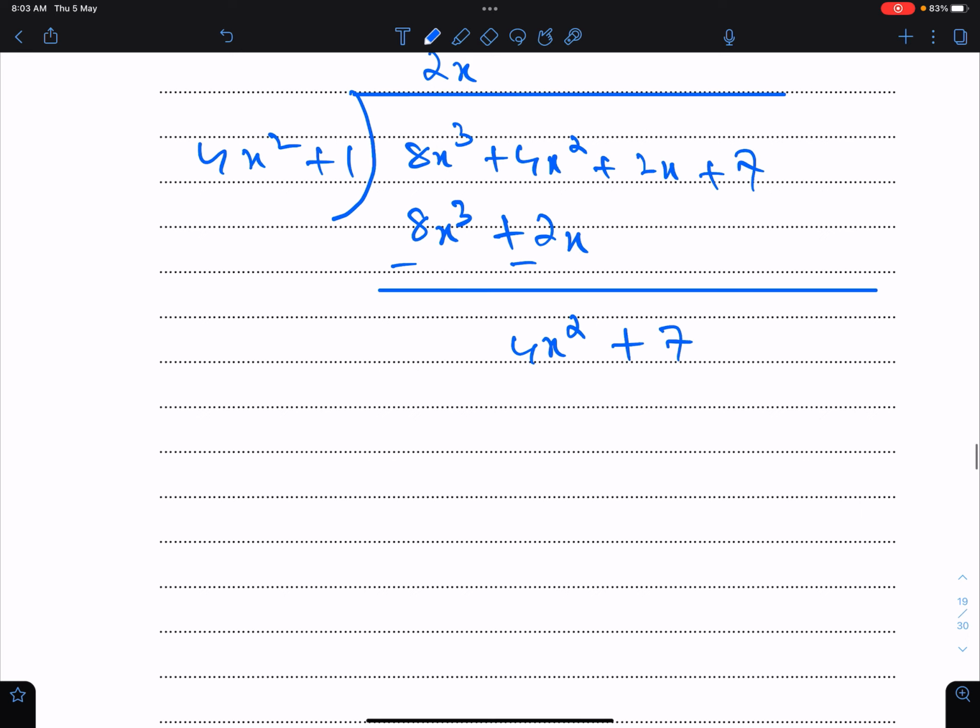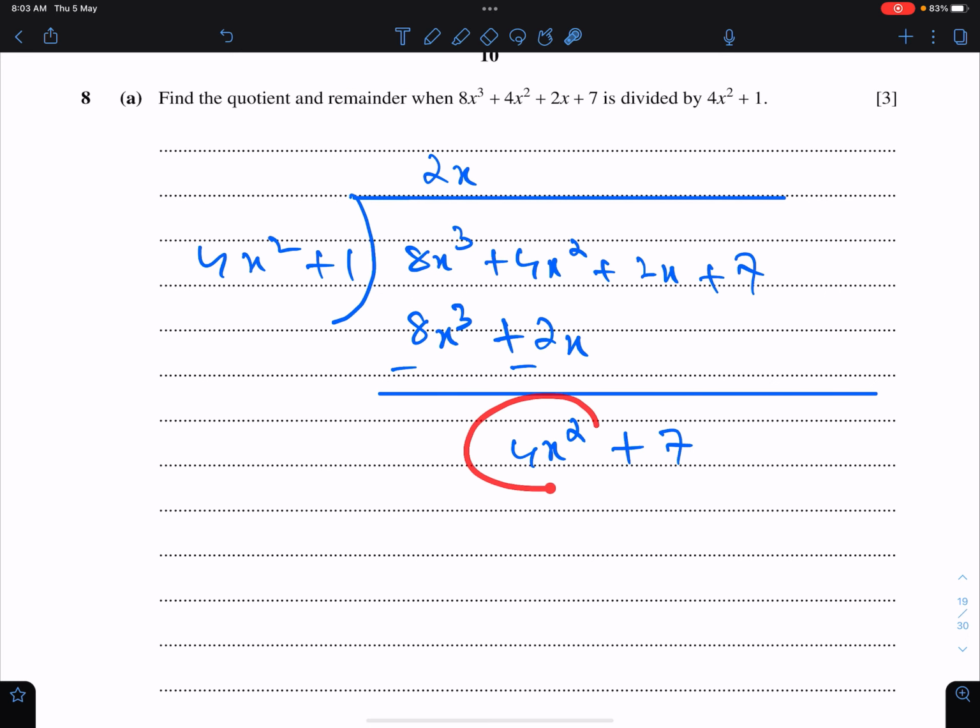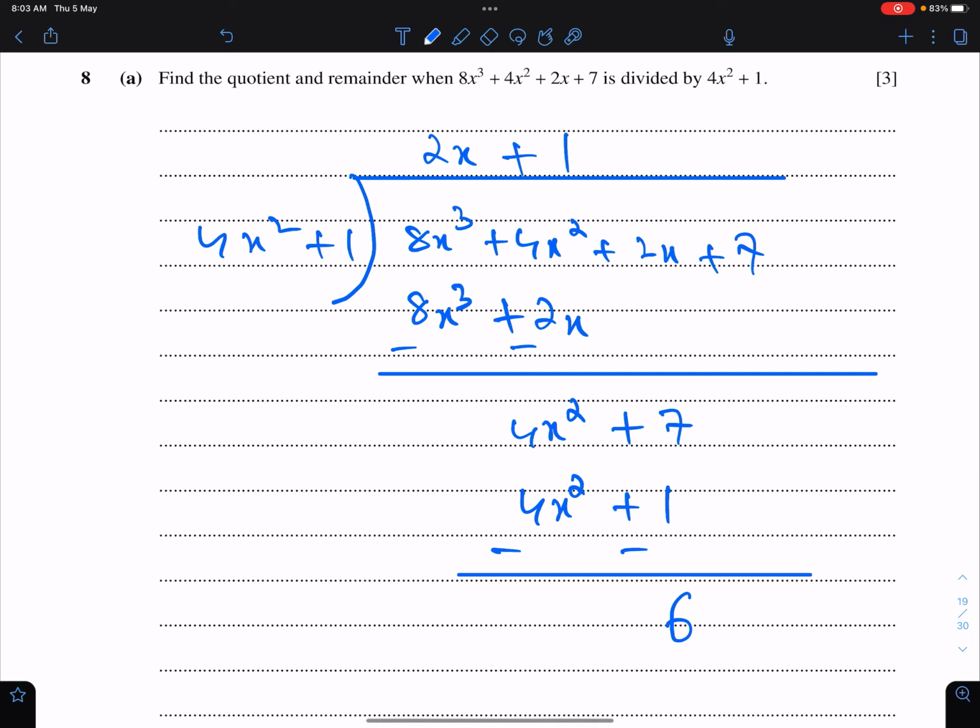Now we have to divide this 4x square by this 4x square. So we'll get 1. When we will multiply this one with this divisor, we'll get 4x square plus 1. Now opposite the signs, the remainder is 6.